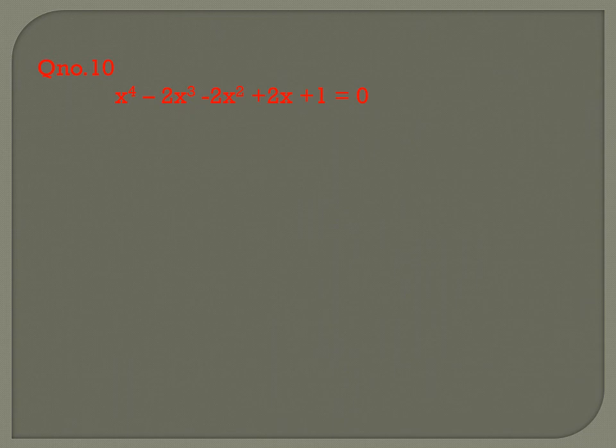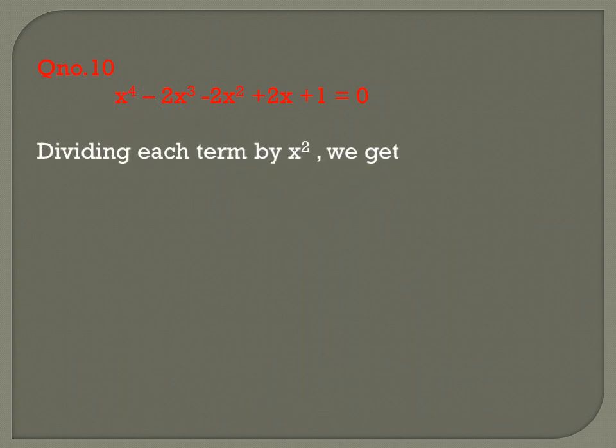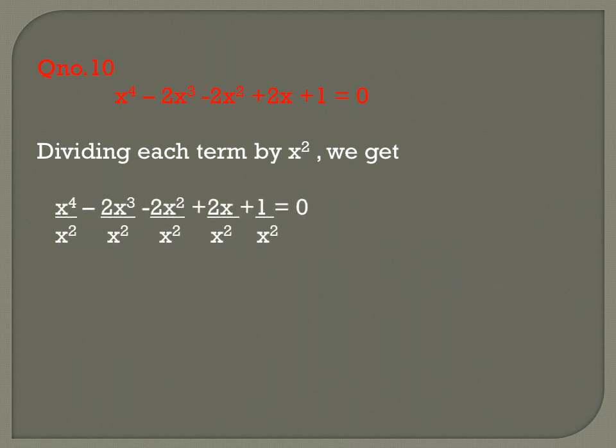In this question, we have to solve this type of equation, which is written as x^4 minus 2x cube minus 2x square plus 2x plus 1 equal to 0. First of all, we will divide this equation by x square. We get x^4 over x square minus 2x cube over x square minus 2x square over x square plus 2x over x square plus 1 over x square is equal to 0.